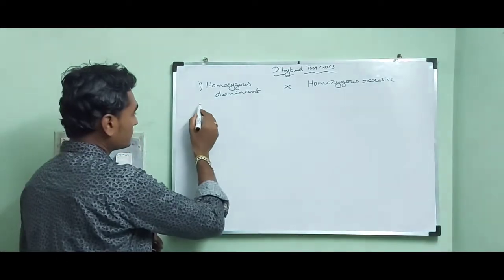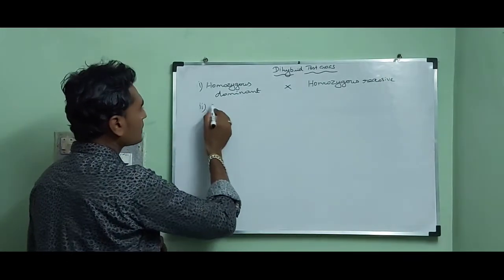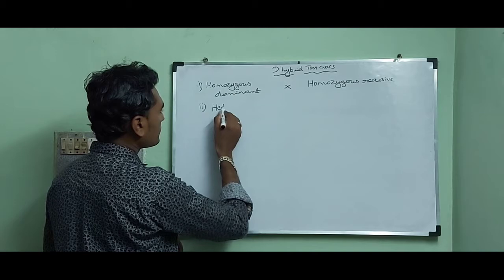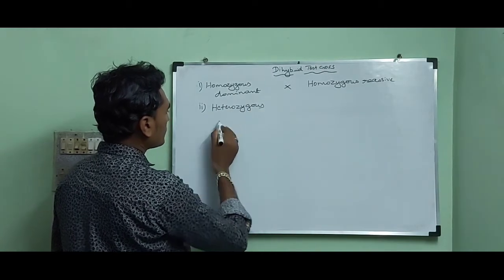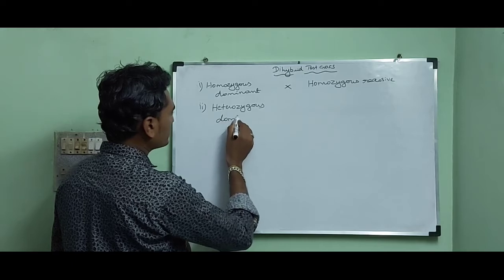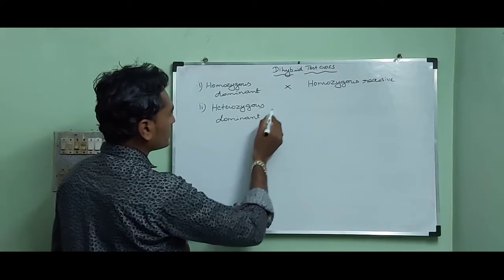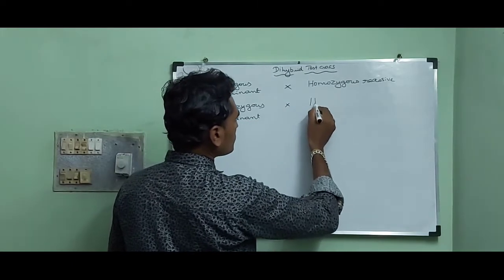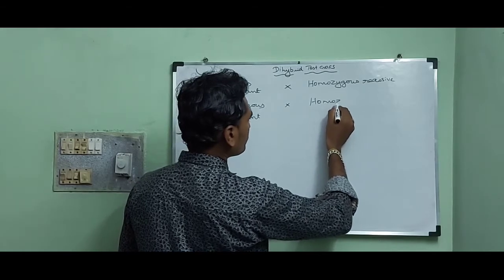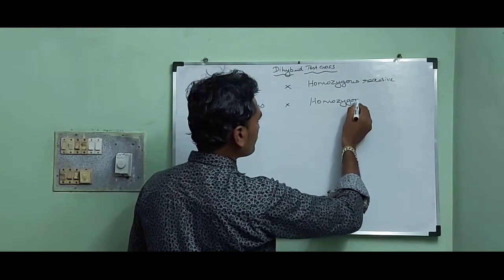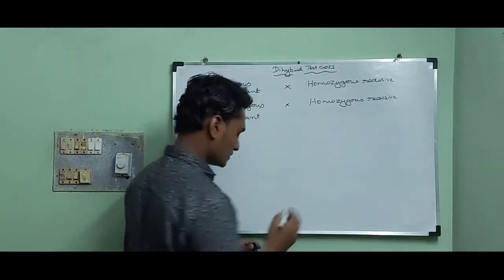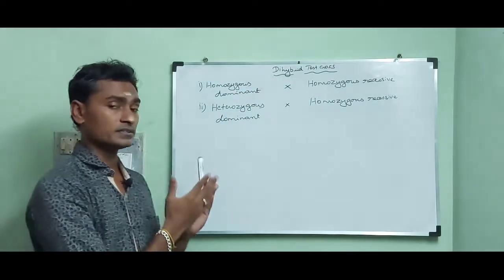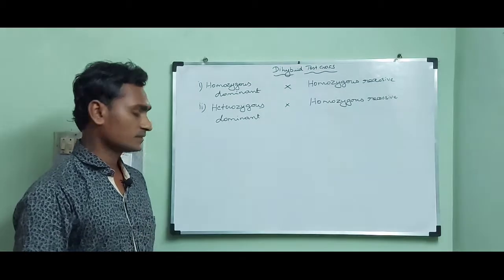Then the second possibility is heterozygous dominant parent cross with homozygous recessive parent. So these are the two possibilities in dihybrid test cross.